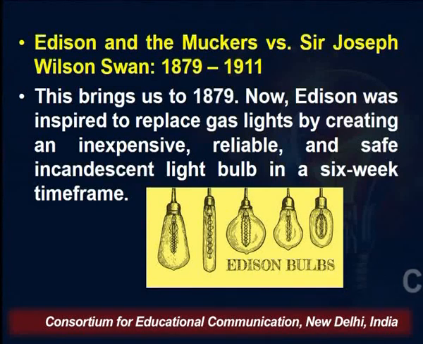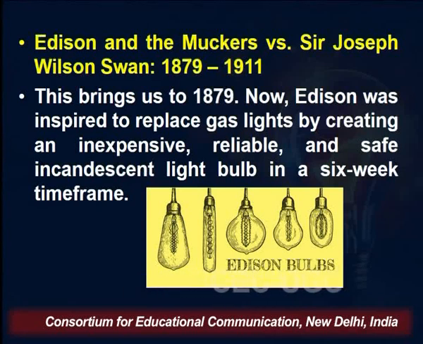Now, Edison and his associates, from 1879 to 1911, and this brings us to 1879. Edison was inspired to replace the gas light by creating an inexpensive, reliable and safe incandescent light bulb in a six-week time frame.